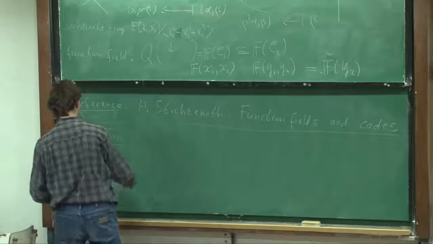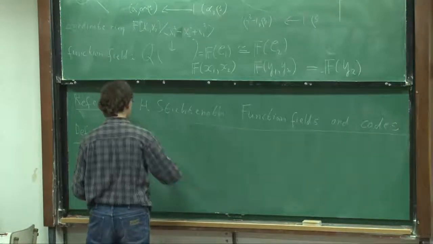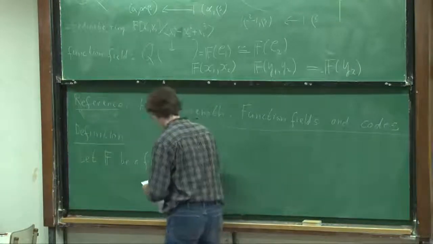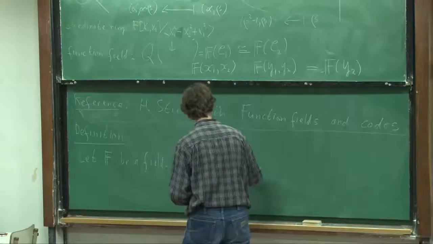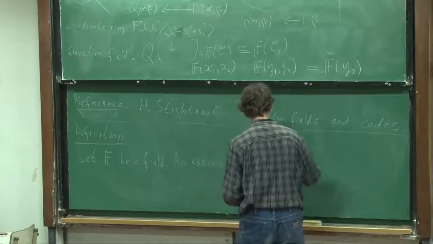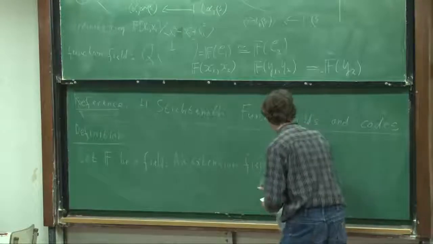So what we need is some kind of field of definition, just as we had before. So we have some field, and then an extension field of f. So let me give this a name.